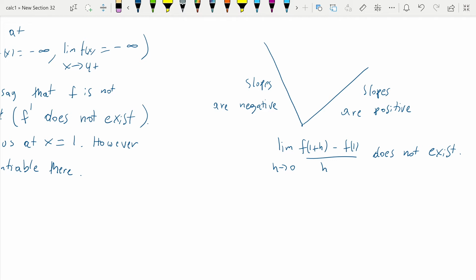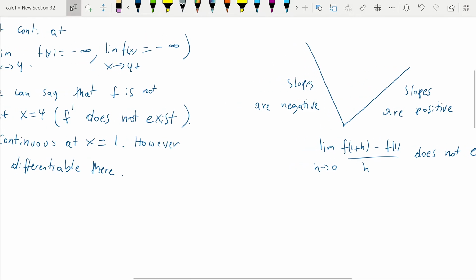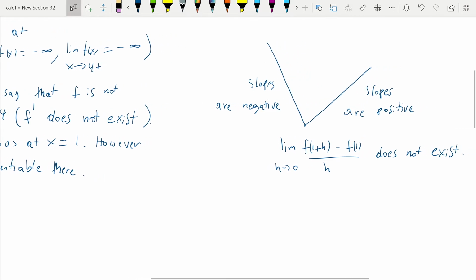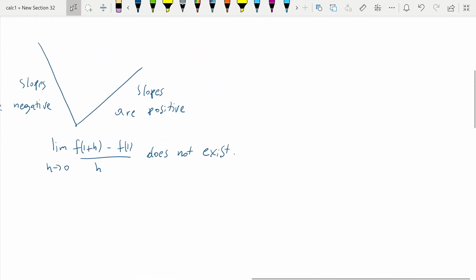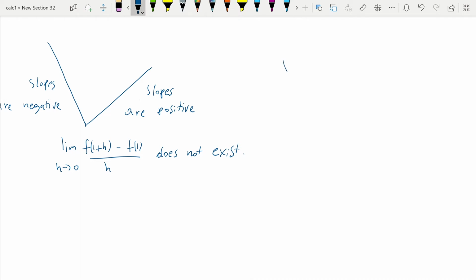Remember that these two one-sided limits need to agree in order to have a derivative at the point. So, things that are allowed: this function is differentiable, say at this point. Why?